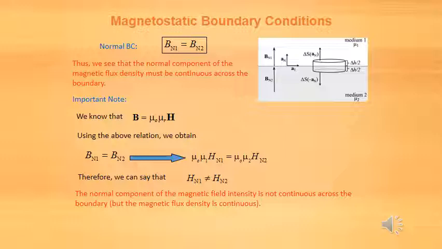From this we have Hn1 and Hn2 are not equal because mu 1 and mu 2, the permeabilities of the two media, are different. Therefore, Hn1 is not equal to Hn2, that is the normal component of magnetic field intensity across the boundary is discontinuous. It is not continuous. Thank you all.